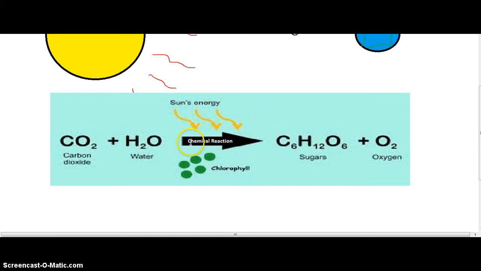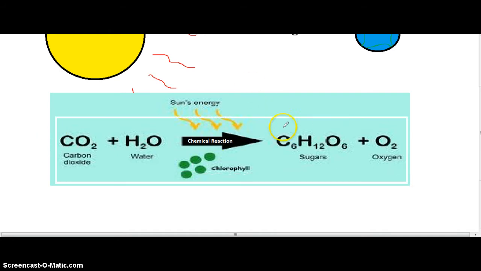So remember, the arrow means a chemical reaction. And in a chemical equation, which is this whole thing, the arrow will always point to the products.